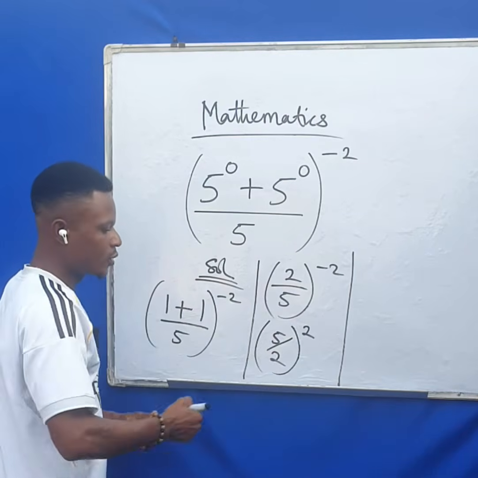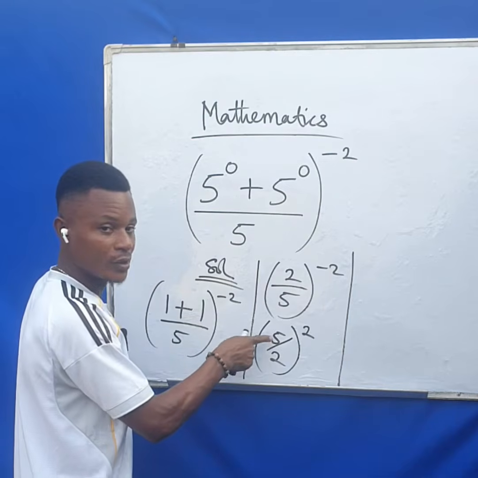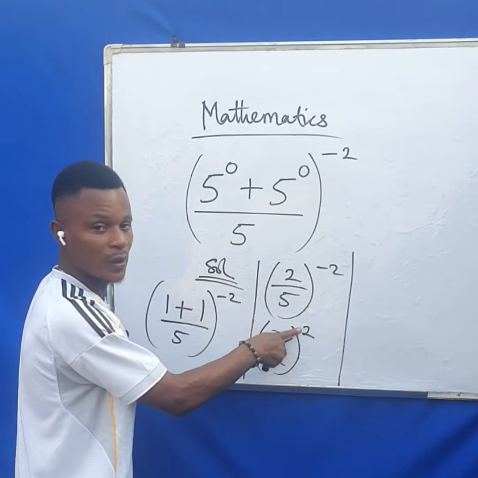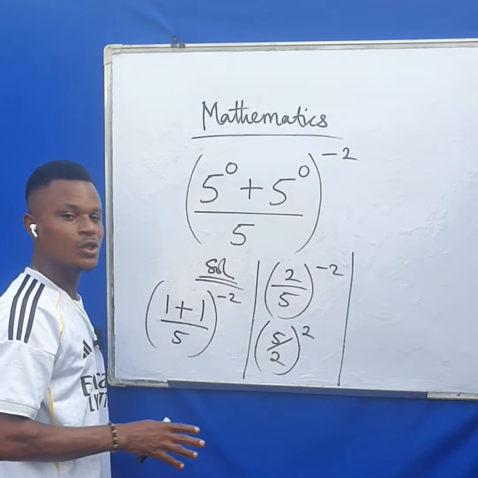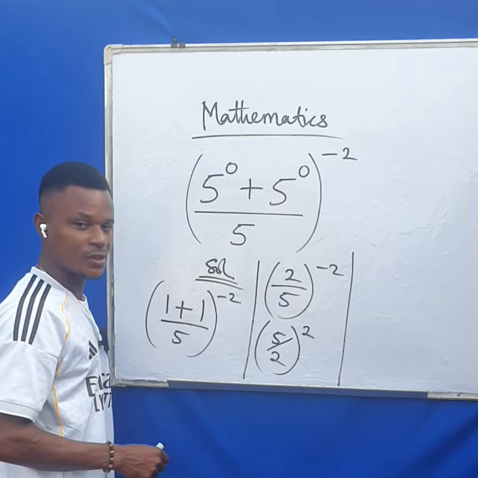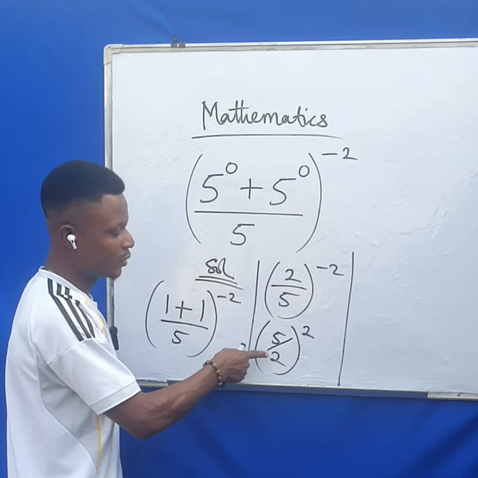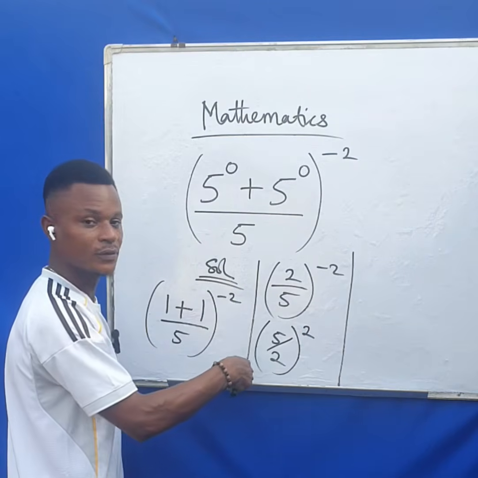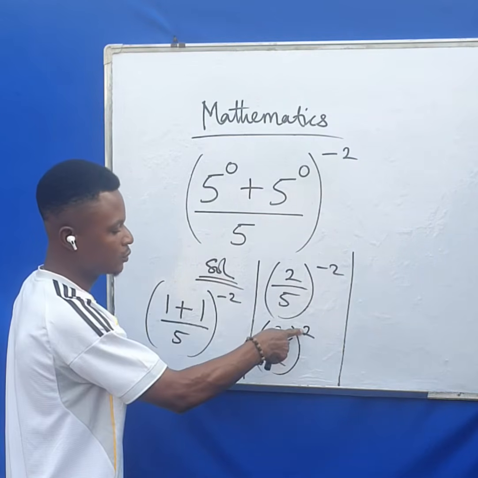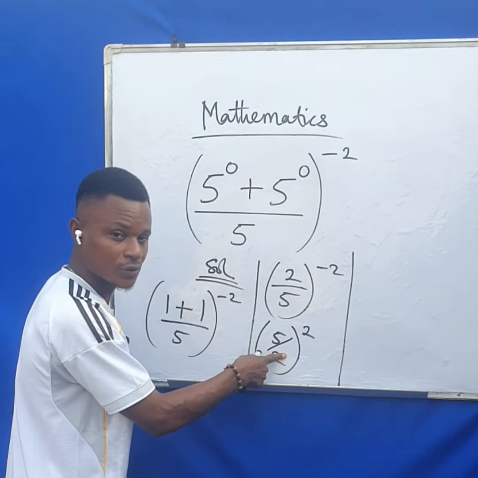So let us evaluate what we have here. We have a fraction inside the bracket raised to a power. Now, here we are going to apply something called the quotient power law of indices, which states that if a fraction, which is what we have here, is raised to a certain power, perhaps in a bracket, the power will affect both the numerator and the denominator of the fraction.